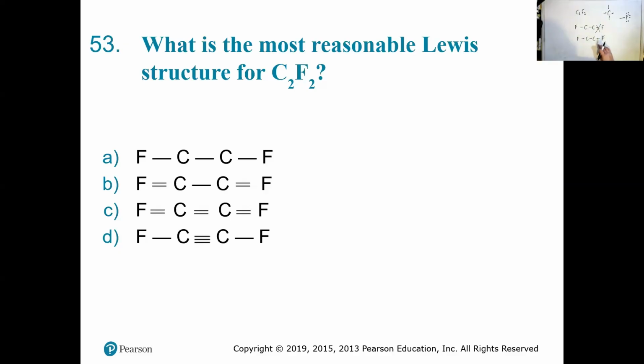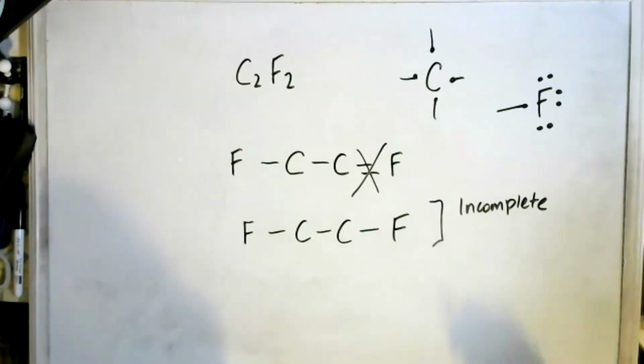This is an okay start to a structure, but this structure is incomplete because it's not showing all of the bonds that need to form for carbon to have its full 8 electrons, right? The way that this is written out here, let me stop sharing so we can get a bigger view of this.